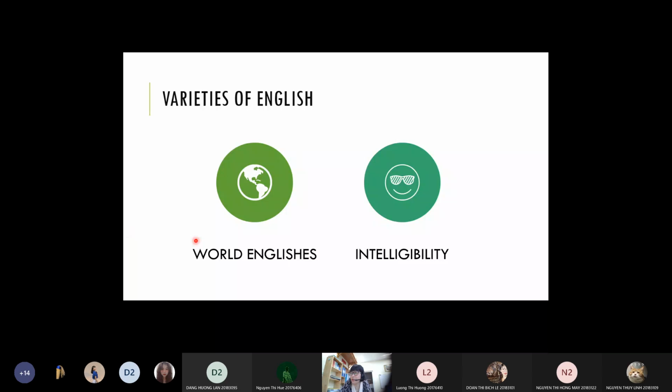World Englishes, why should we mention that? This is also the name of the course that you had last semester. World Englishes, what does it refer to? And what kind of English do we teach? English or Englishes? Which English to teach? What do you think?